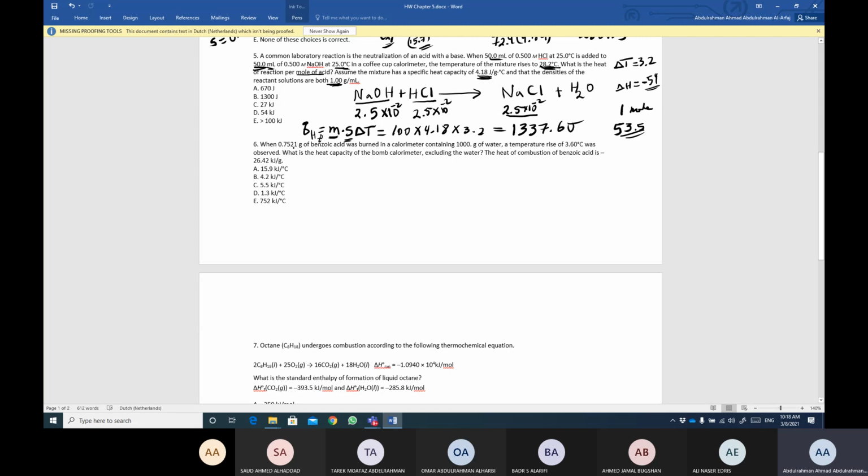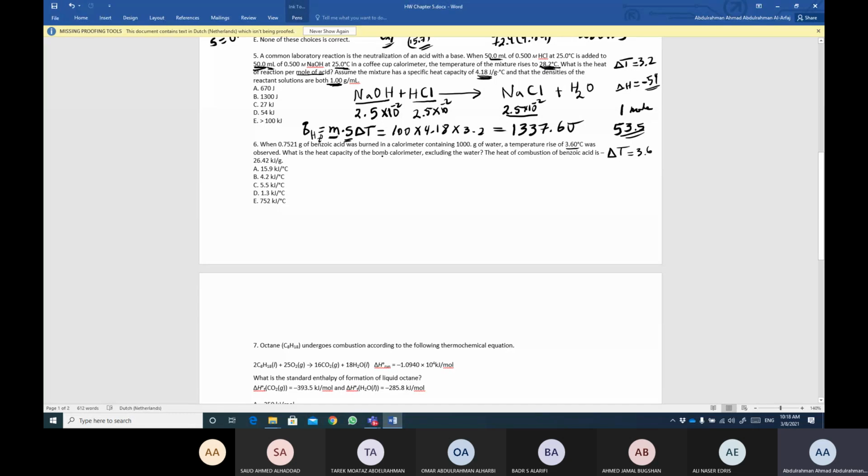When 0.7521 gram of benzoic acid was burned in a calorimeter containing 1000 gram of water, a temperature rise of 3.6 was observed.